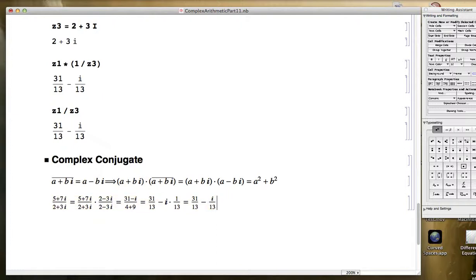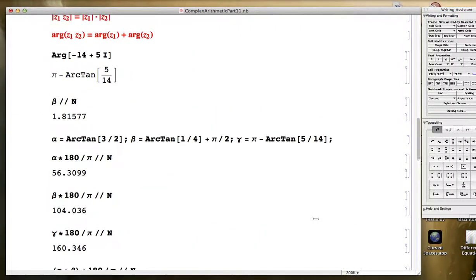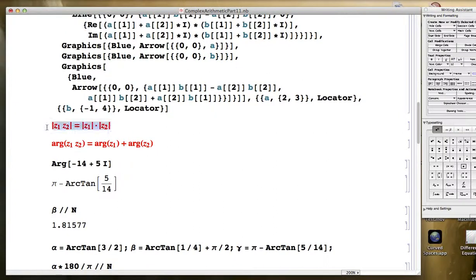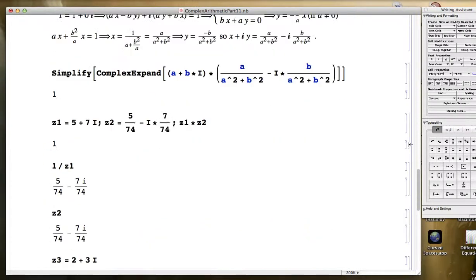Let me also say that because complex division can be thought of as multiplication by the reciprocal, the equations up here relating the moduli and the arguments can be thought of in terms of complex division as well. Copy and paste these down here.